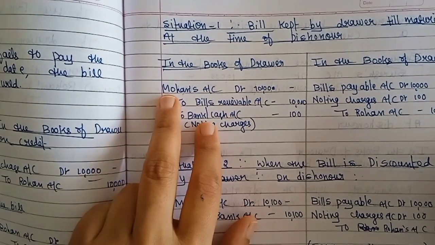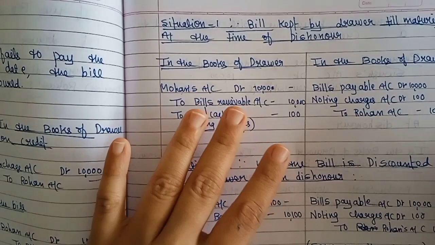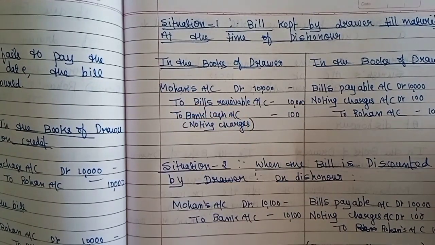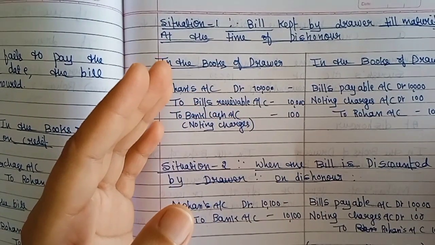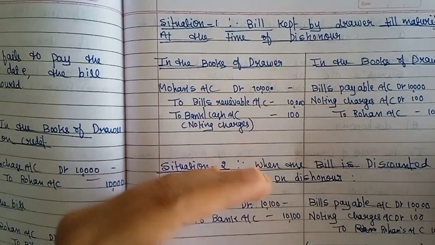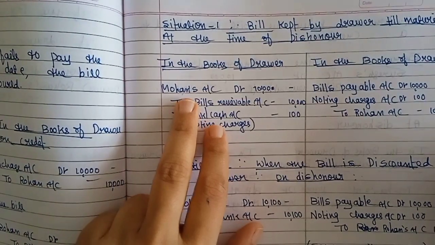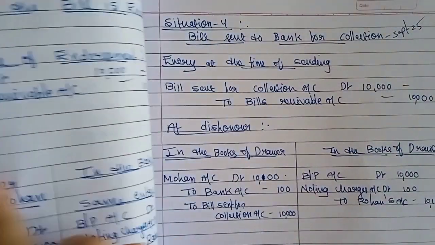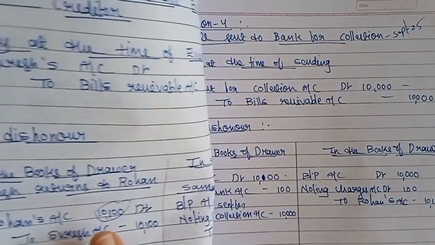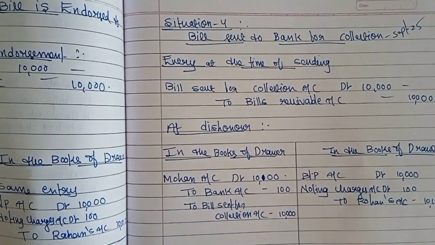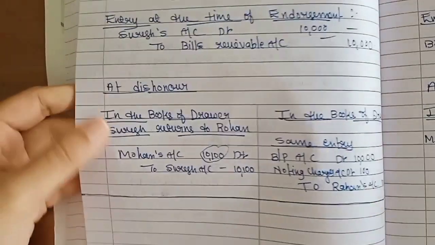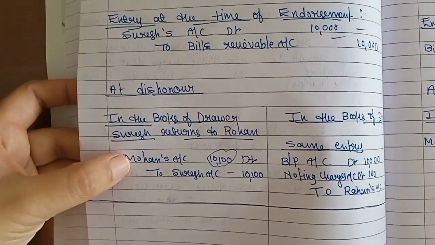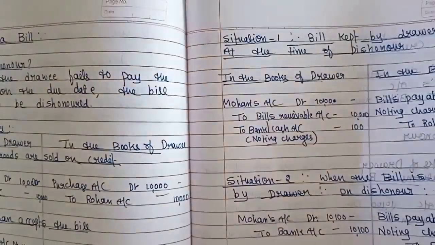So in all cases we need to debit the drawee's account because he has to repay everything and he again becomes the debtor. So we need to debit Mohan's account. See, in all situations, here Mohan's account and here also Mohan's account, bill sent to bank for collection, and when the bill is endorsed, that is also Mohan's account. Clear?